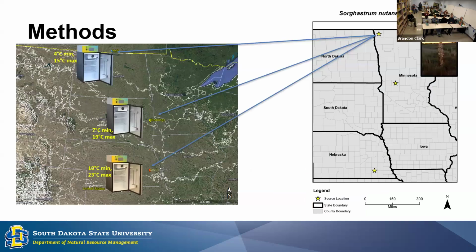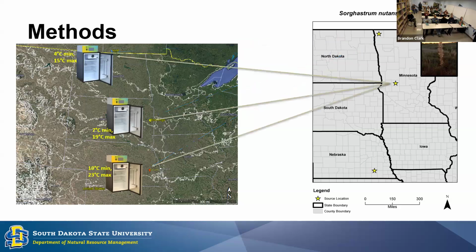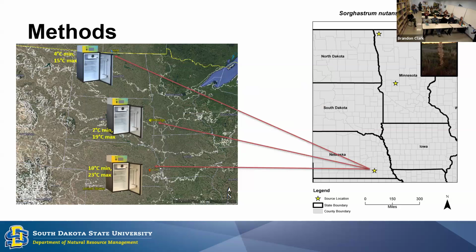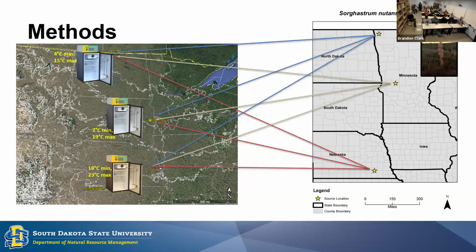And so an example of what this looks like would be Sorghastrum nutans, Indian grass, has these 3 different sources, and we put each of those 3 sources to the north into all 3 different temperature treatments. Same with the local and the south. And when we factor all this out, we have 9 species or 9 source treatment combinations.